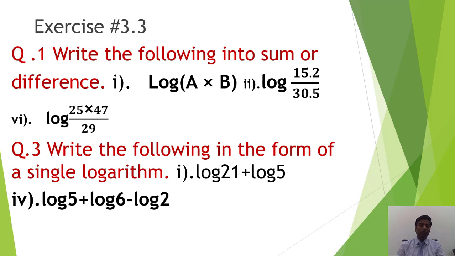In part 4, first we use first law of logarithm and then we use second law of logarithm. The first two terms, log 5 plus log 6, can be written as the log of product of two numbers, and then we use quotient law. Log 5 multiplied by 6 minus log 2, and then log 5 multiplied by 6 divided by 2.